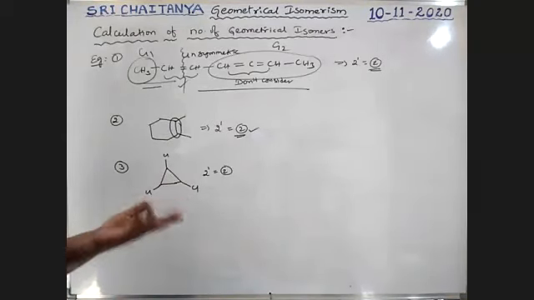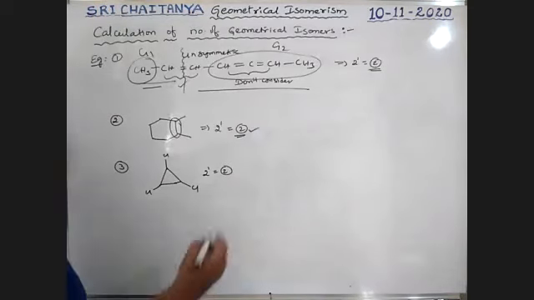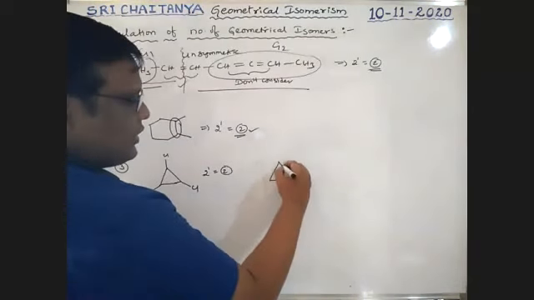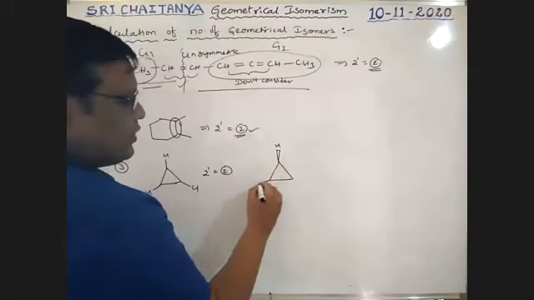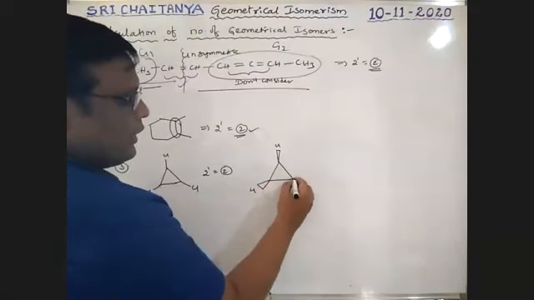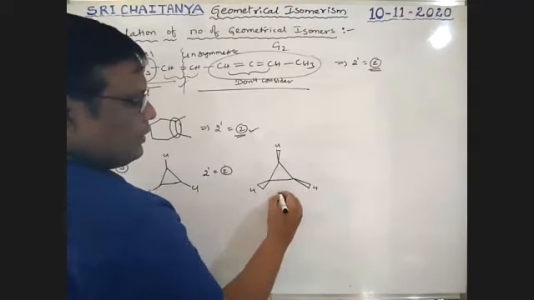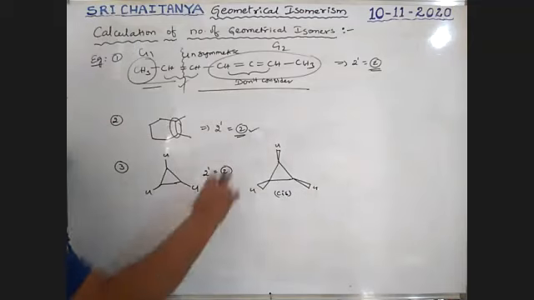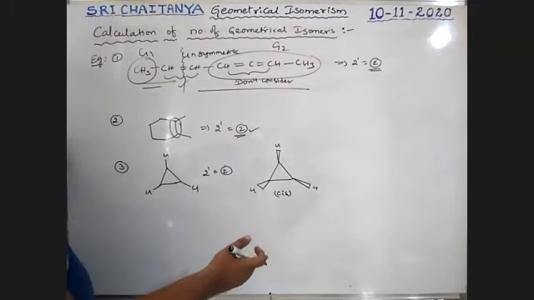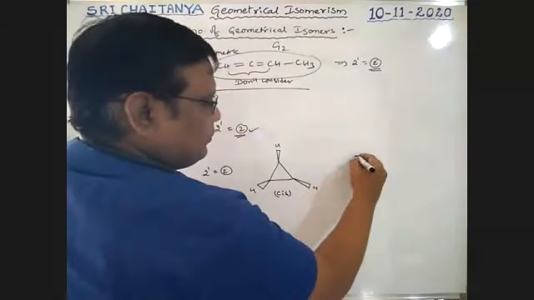So that is this, and the other is down. See here, I am taking the structure like this, with all Cl in wedge. It is a cis compound. If any one of these three is down, automatically there should be a trans isomer.